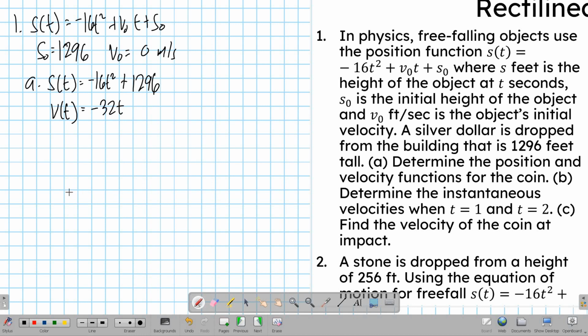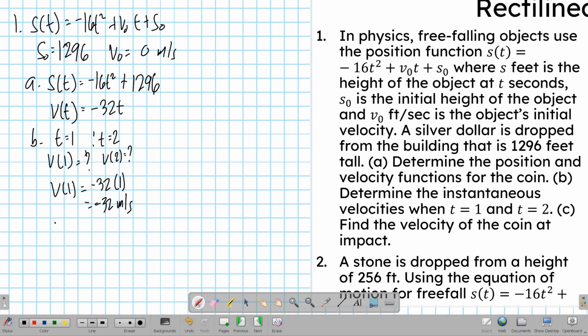So now in letter B, we're asked to determine the instantaneous velocity at t equals 1 and t equals 2. So the instantaneous velocity is v of 1 and v of 2. For v of 1 first, we're simply going to have negative 32 times 1, so negative 32 feet per second.